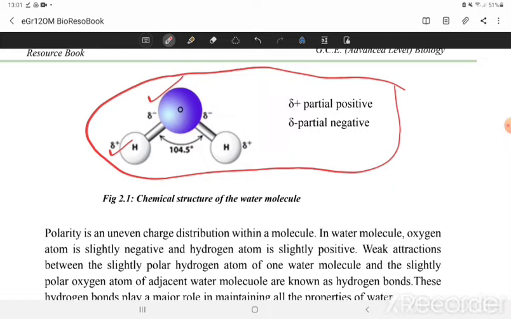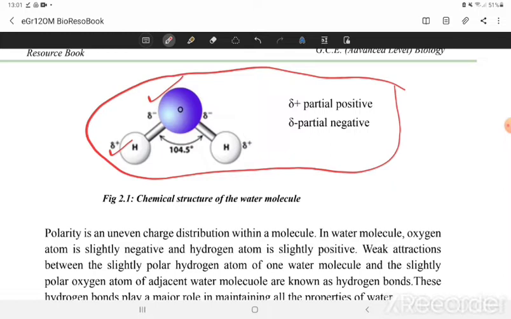How did this polarity come into being? This is because oxygen is more electronegative than hydrogen. Therefore it has a partial negative charge, and hydrogen has a partial positive charge. The polarity of the water molecule is because of this differentiation of charges.